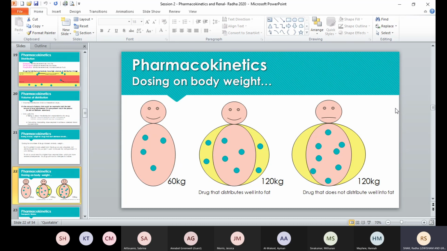Hopefully on admission they would be weighed and we'd have a baseline of their weight, and we would use that as opposed to their current weight, which is water weight. So no, we wouldn't base it on their water weight, because the drug wouldn't be distributed into that. So that would be incorrect.